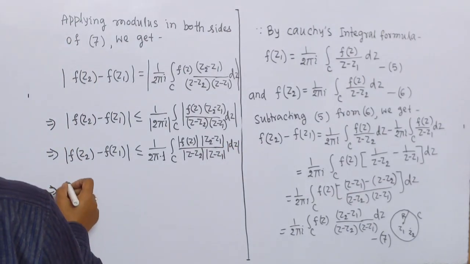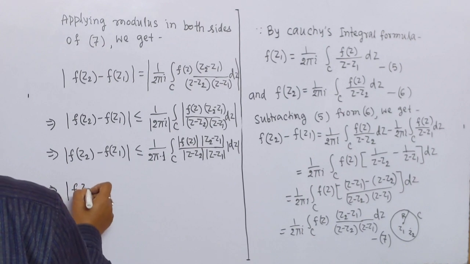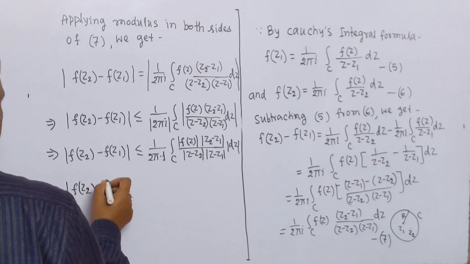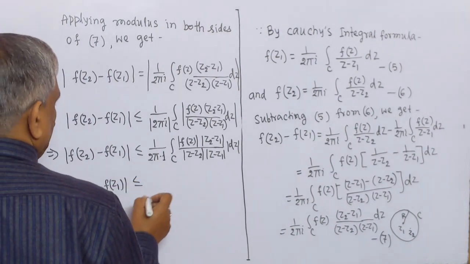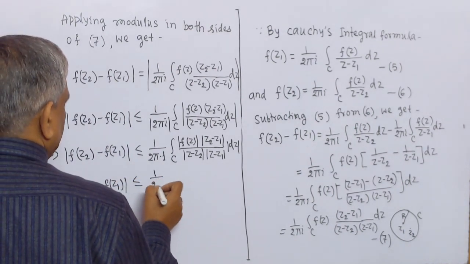Modulus of i is 1. This implies that modulus of f(z2) minus f(z1) is less than or equal to 1 by 2 pi.